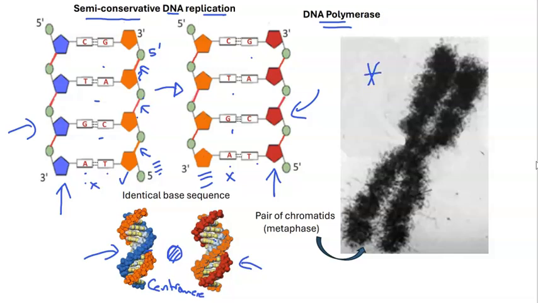This classic image of a replicated DNA molecule is actually one DNA molecule on this side and the identical copy on this side, held together at this point here by a centromere. These are referred to as a pair of chromatids, and we will return to this image when we look at the events of cell division.